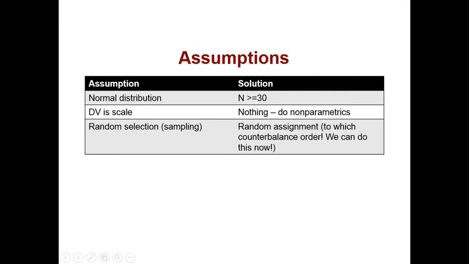So I have my little assumptions chart. All the assumptions are the same for all of these tests. So we've got our 3 assumptions here, here, here. We're going to add 1 more here, and we'll get to it later. So the same 3 we've been doing, they're on the board.